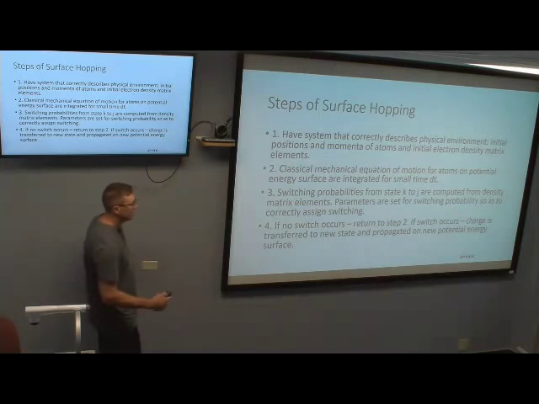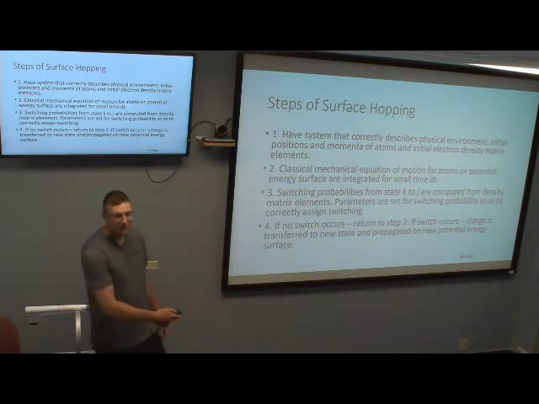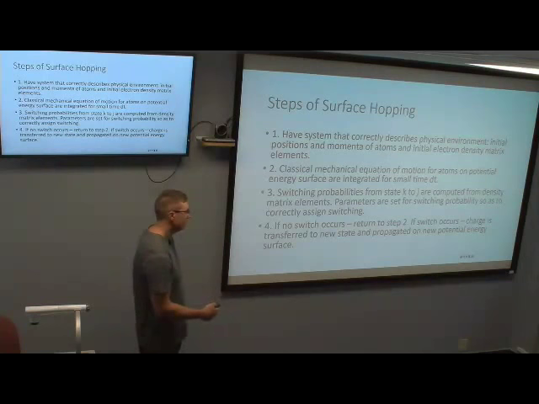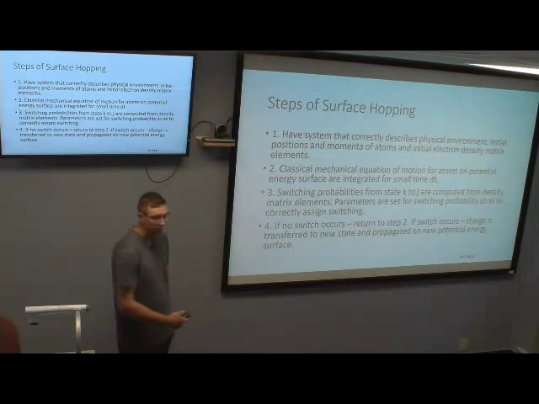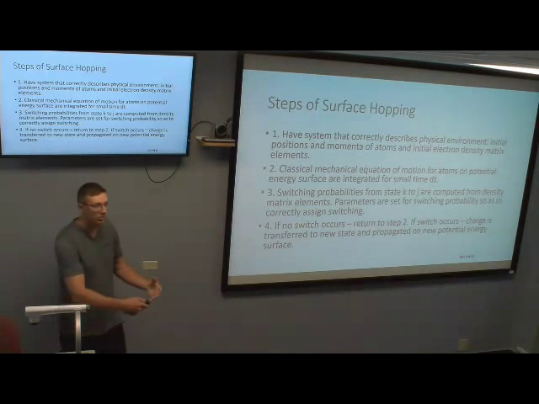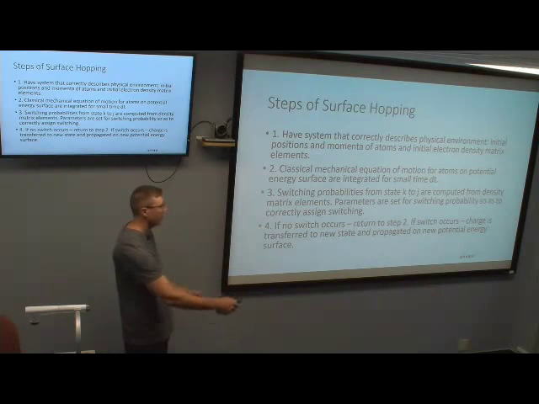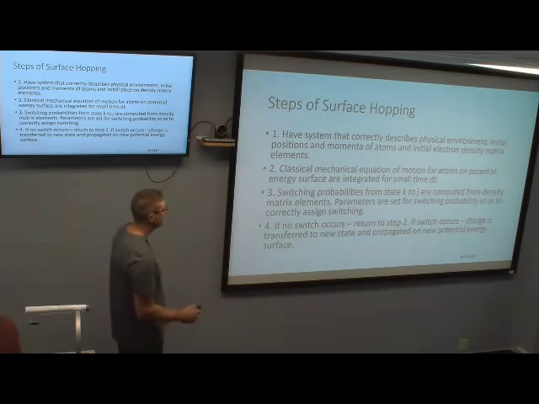So having this type of molecular dynamics and an idea of what the electron density looks like around those atoms is the first step to be able to propagate this type of electronic motion.